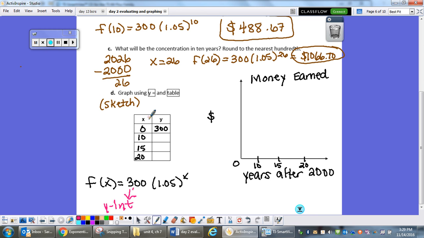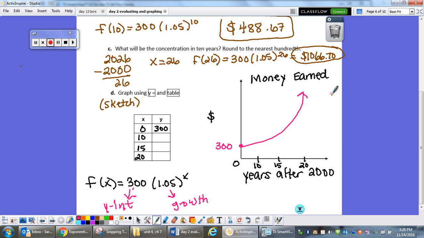So I would be looking for where you place your y-intercept, and you know you're growing. So I will be looking to make sure that you start with your y-intercept. You can just put it right around here and make it known that it's 300, and then just sketch that it's going up.